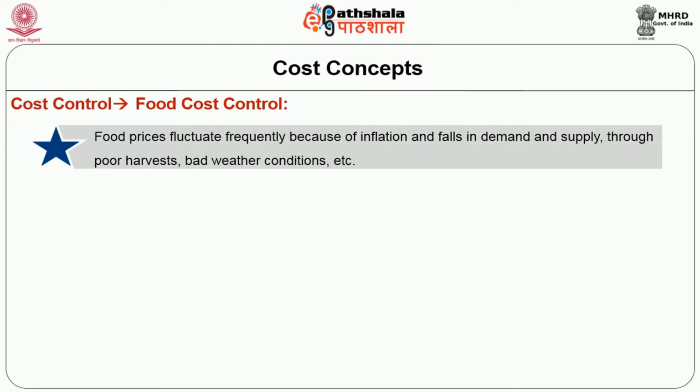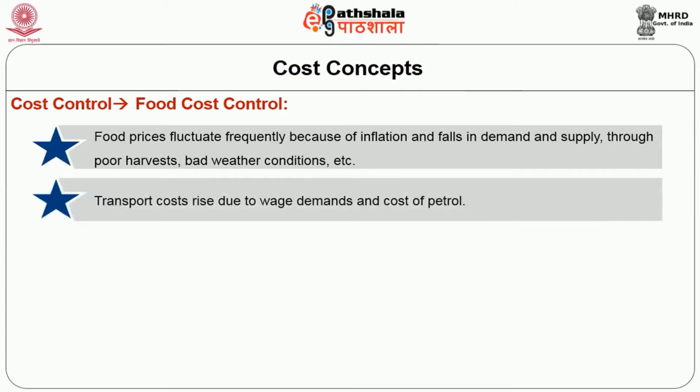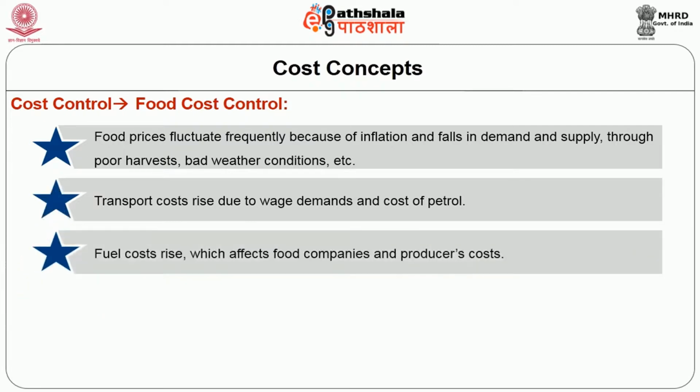Food prices fluctuate frequently because of inflation and falls in demand and supply through poor harvest, bad weather conditions, etc. Transport costs rise due to wage demands and cost of petrol. Fuel costs rise, which affects food companies and producers' cost.